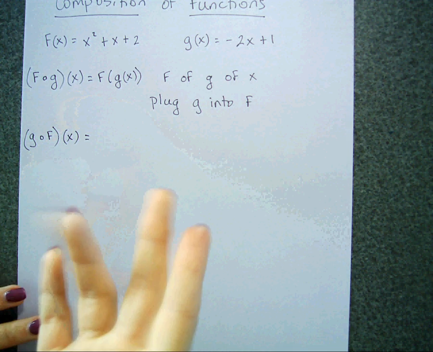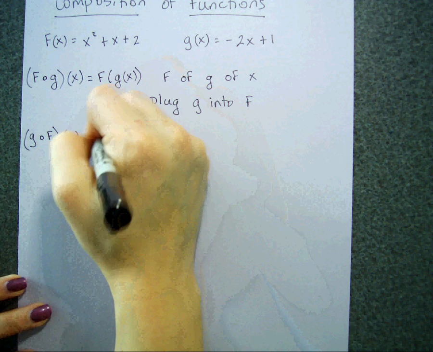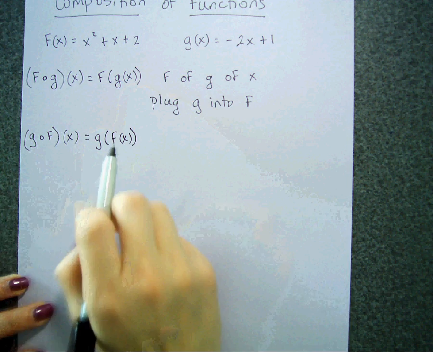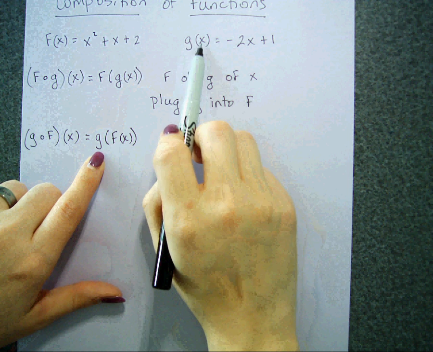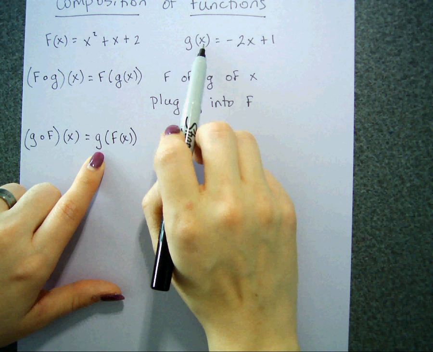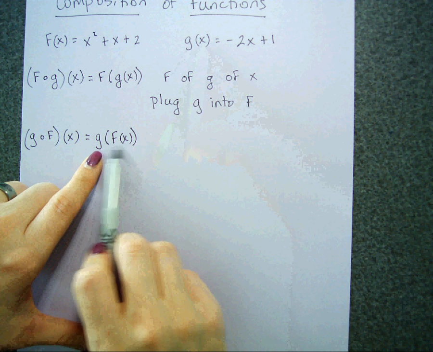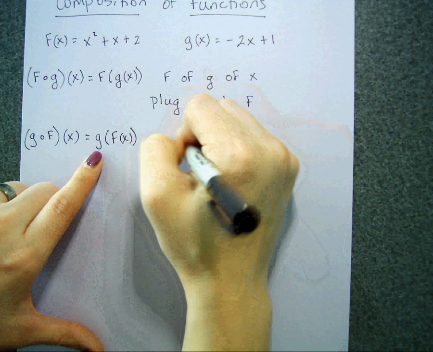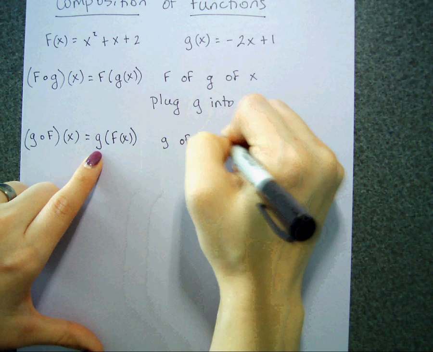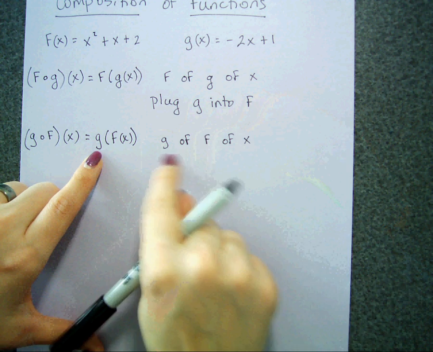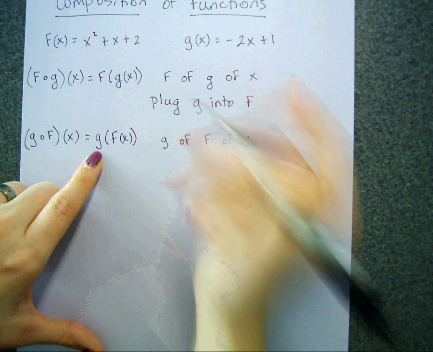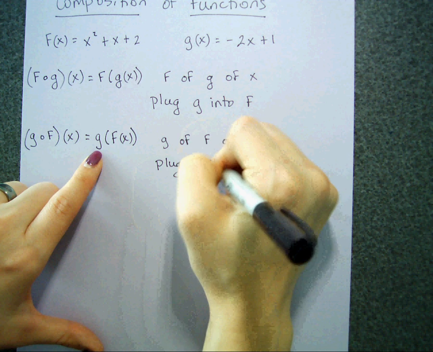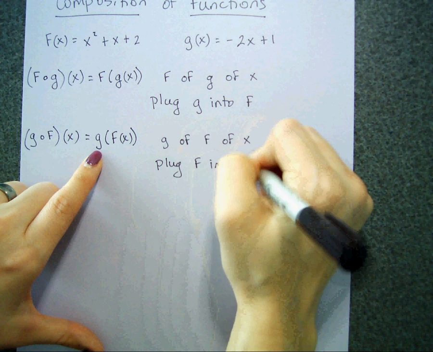The order is reversed, so this means g of f of x. And again, g of x is what I plug into my function, and we've replaced that with f. So this is g of f of x. In this order, we're doing the reverse. We would plug f, or substitute f, into g.